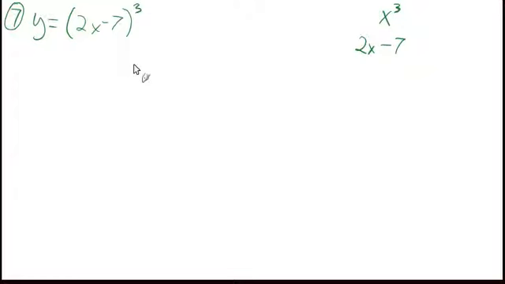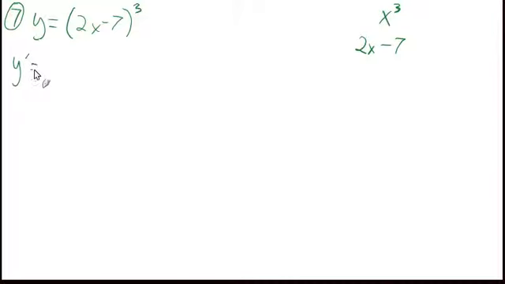And the chain rule works like this. Once you've identified the outside function, I just call it something to the third, you take the derivative of the outside function as if this was x. By that I mean don't change this at all. Just leave it inside there and take the derivative of the outside function.